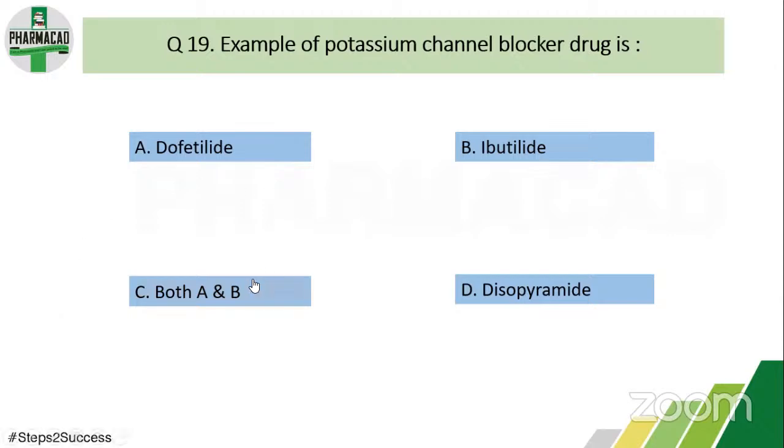So the answer here is both A and B. It is a simple one-step answer if you remember your classification well. That is, dofetilide and ibutilide are the two potassium channel blocker drugs which are used for treating arrhythmia. These drugs are comparatively newer when you compare them to amiodarone and dronedarone. Okay, so this was based on the simple classification.